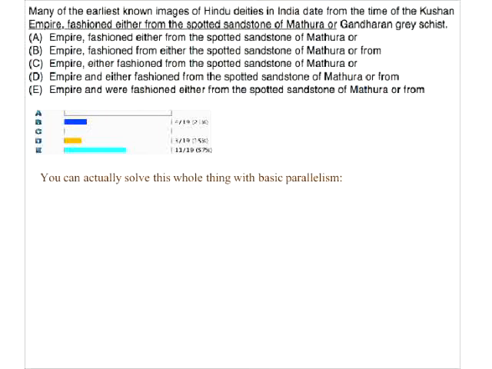So the second clause has either blank or blank. So if we call this x and we call this y, then x and y have to match. I mean, you can actually use that to solve the whole big thing. So let's take a look.